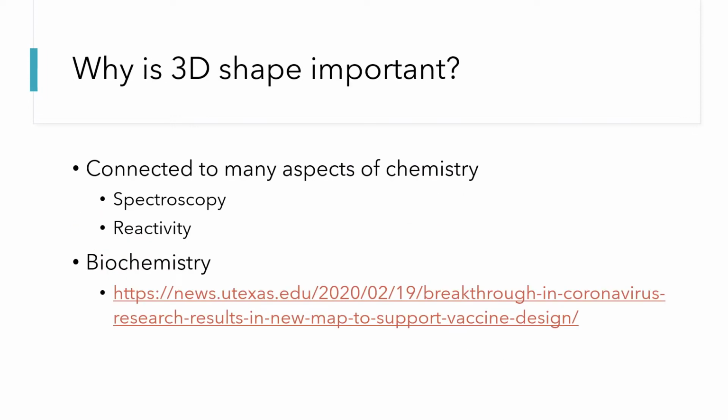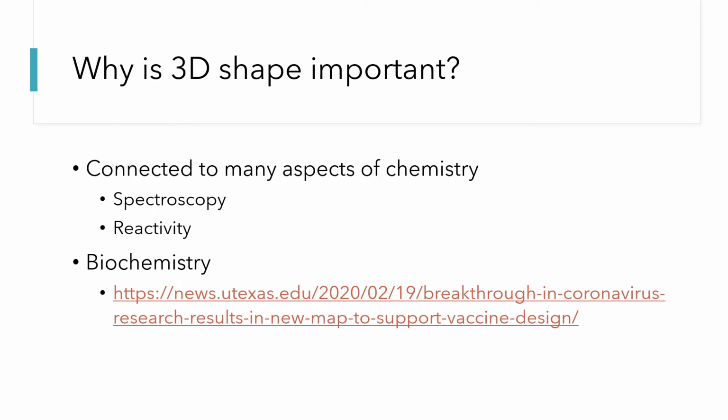So why do we care about the three-dimensional shape? Well, the three-dimensional shape of a molecule is directly connected to so many aspects of its chemistry, like the types of reactions that it will or will not undergo. Parts of its spectroscopy, or how it interacts with light, are dependent upon its shape.